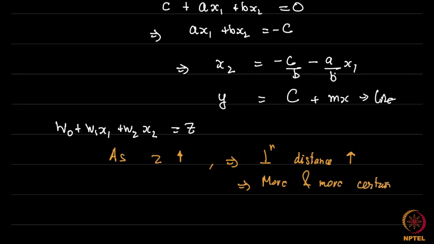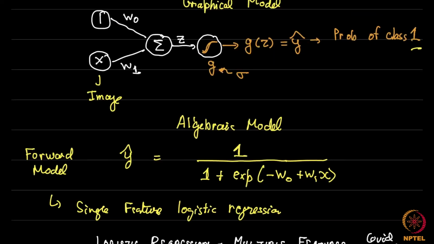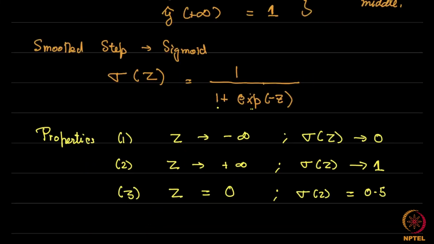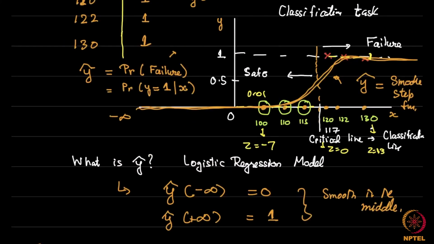In case this is not obvious, let's look at the 1D case, which is why I started with the 1D case. When you're right here, you're only about 0.5 sure whether this will fail or not. As you go further and further here, sigmoid of z becomes closer and closer to 1. And that makes sense, because the further you move away from this boundary, the more the power is increasing, and that's telling you that I'm more and more likely to fail.